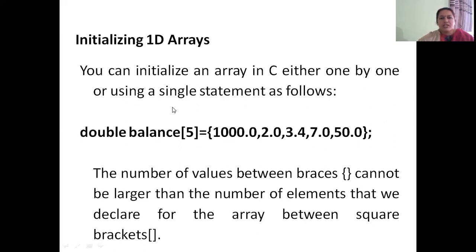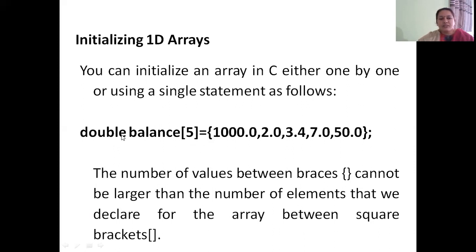Now, how to initialize the data into the one-dimensional array? To initialize data into the one-dimensional array, we have to mention the data type of the array, name of the array, size of the array, followed by the values of individual locations of the array in a comma separated list, which is enclosed in a flower bracket.